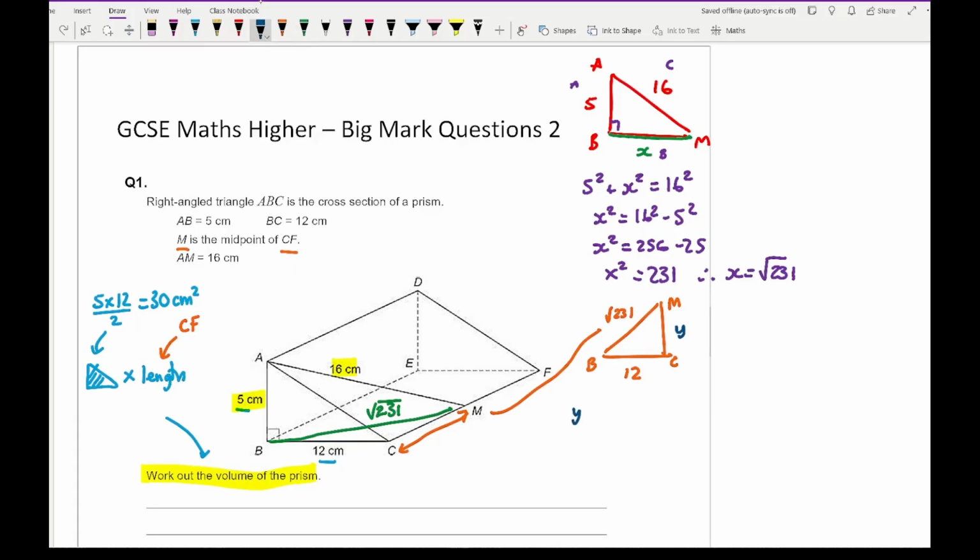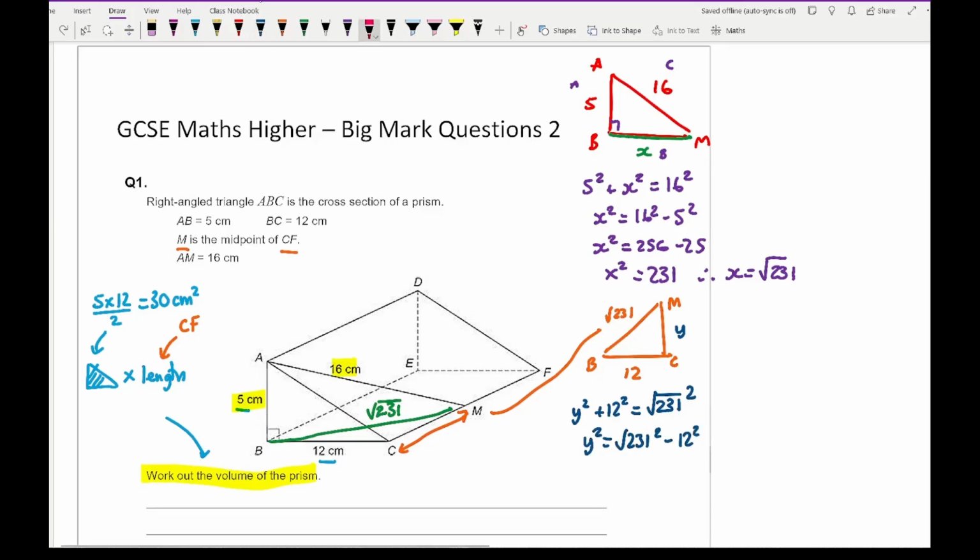So here I know that y squared plus 12 squared equals root 231 squared. So y squared equals root 231 squared minus 12 squared.